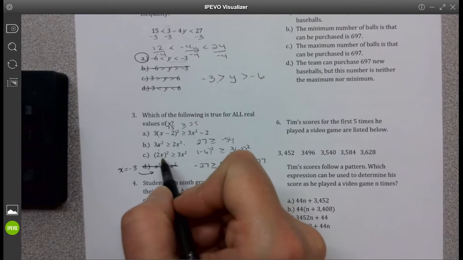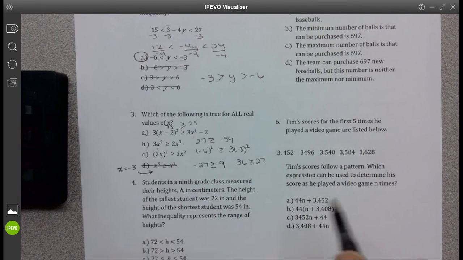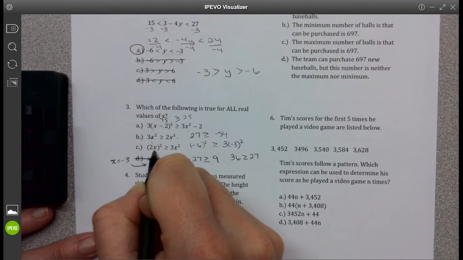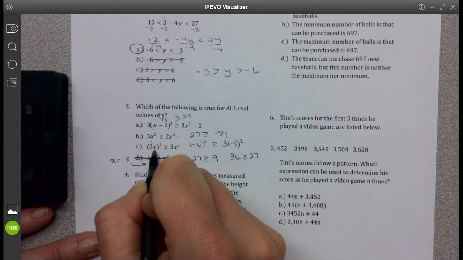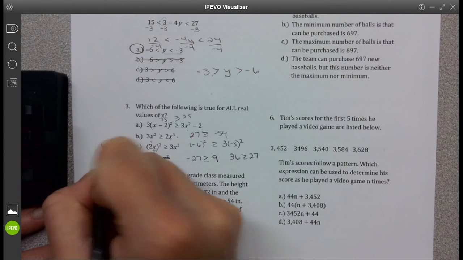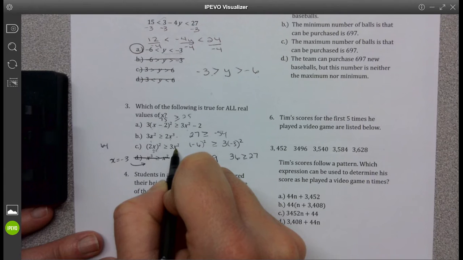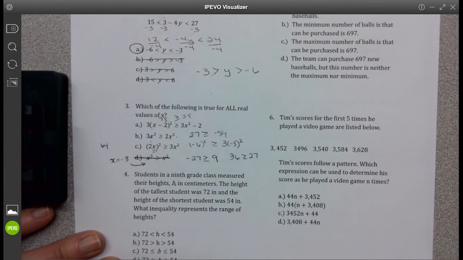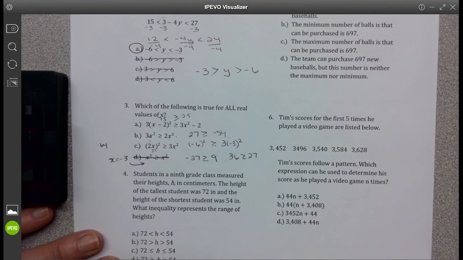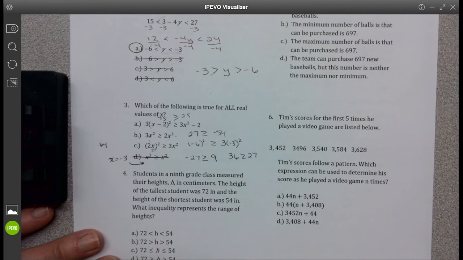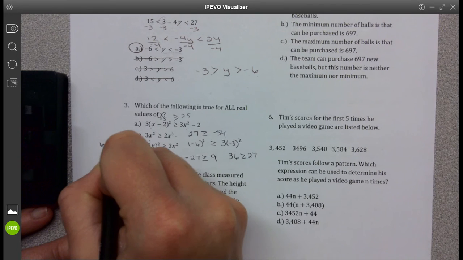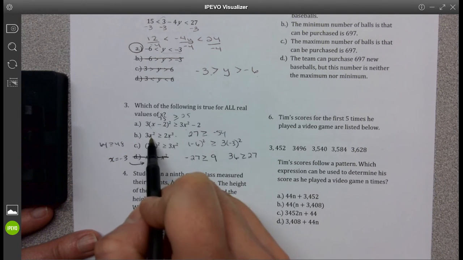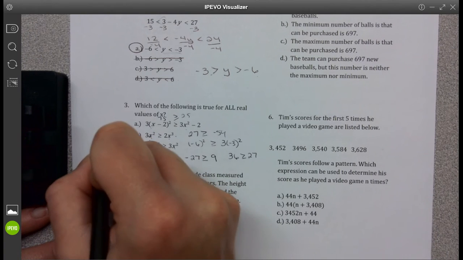Let's put in positive 4. So if I put a positive 4 in here, 4 times 2 is 8. 8 squared is 64. If I put a positive 4 in here, we get 16 times 3 is 48. Well, that's true. If I put a 4 in here, I'm going to get 16 times 3, which is 48.